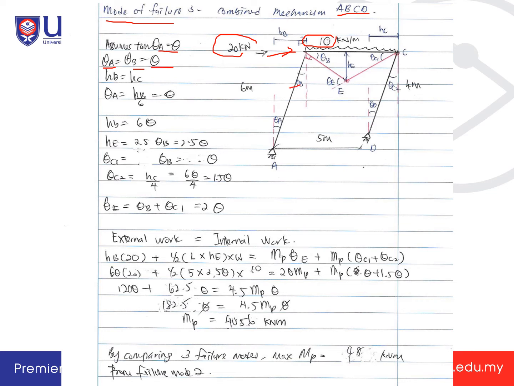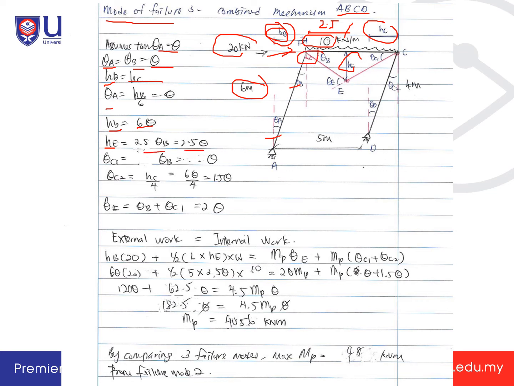This is theta B, this is theta A, and HB is equal to HC, and theta A is equal to HB over 6. So HB is equal to 6 times theta, and HE here is equal to 2.5, the distance from here to here, times theta B, so it's 2.5 theta.